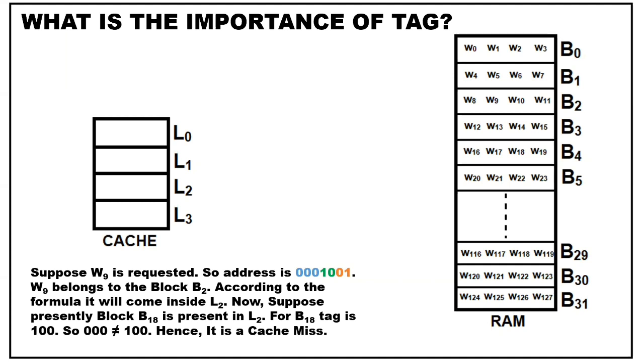Hence it is a cache miss, because block B2 is not present inside L2; presently block B18 is present inside L2. I think you can understand the importance of tag now. Tag comparison decides whether it will be a cache hit or a cache miss.